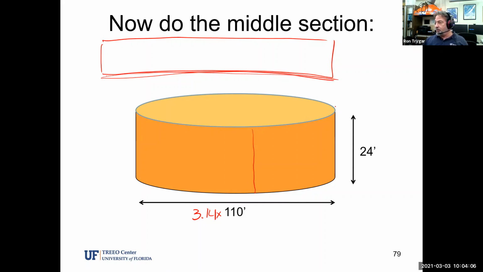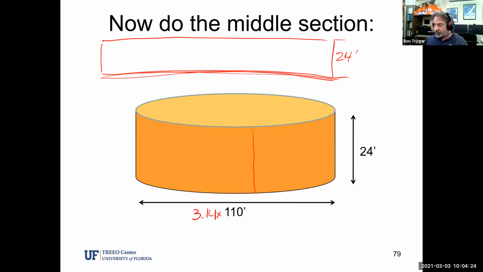If it's 24 feet here, from here to here is the width of it, and the length of it would be whatever that circumference is. So 3.14 times 110.